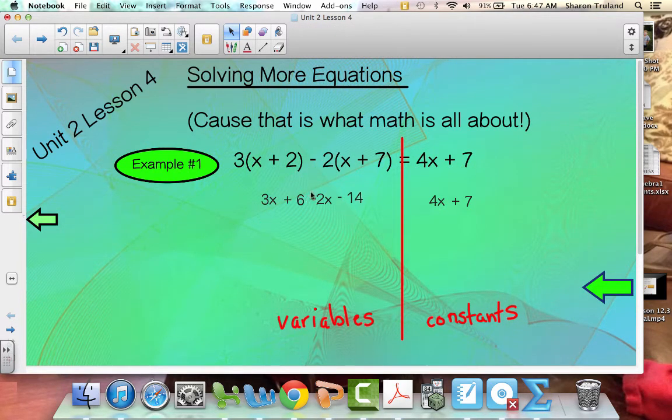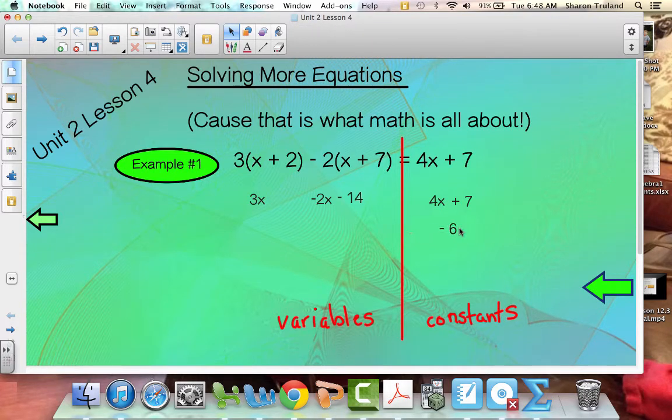Everybody's an individual now. So I'm going to look here. This 3x, is that a variable? Yes, because it's got a letter, so it gets to stay on this side. The plus 6, is that a variable? No, it's a constant. So it moves to the other side, but as soon as it passes over the red line, watch what happens.